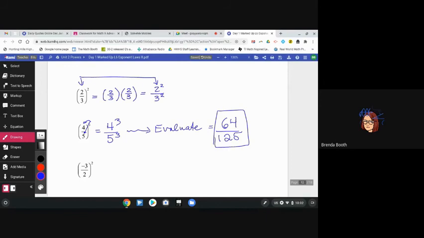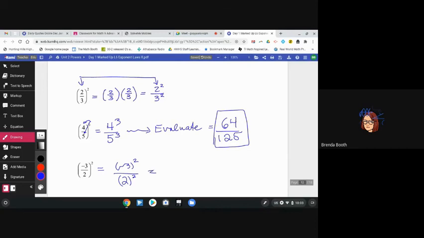And so to me, it makes it a little easier. Rather than having to work with a fraction as your base, it's kind of like you're breaking it up into 2 powers. Like this one would be -3 squared, which is easy to deal with, over 2 squared, which is also easier to deal with. So it's like breaking it apart into 2 powers that are easier to work with than a fraction.